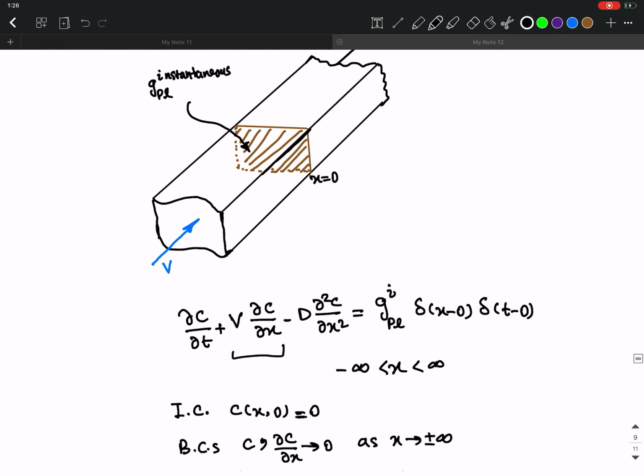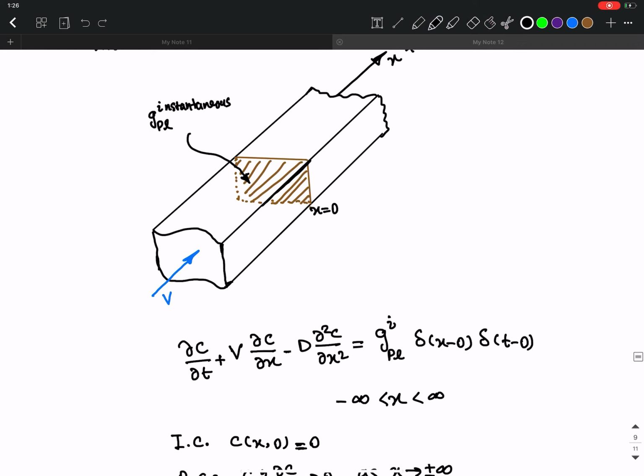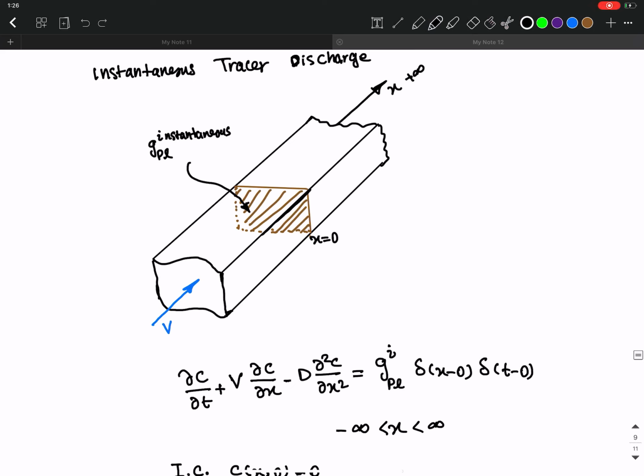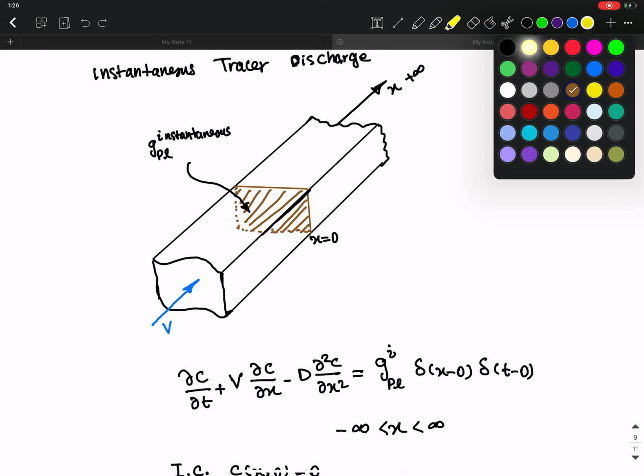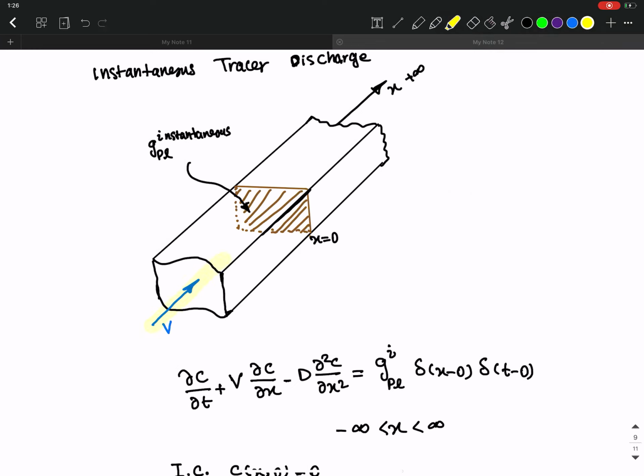And then this is going to remove our advection term. The reason for that, just physically, is assume that you are moving with this fluid with speed v. So you are in the moving coordinate system, which means you don't feel this velocity.